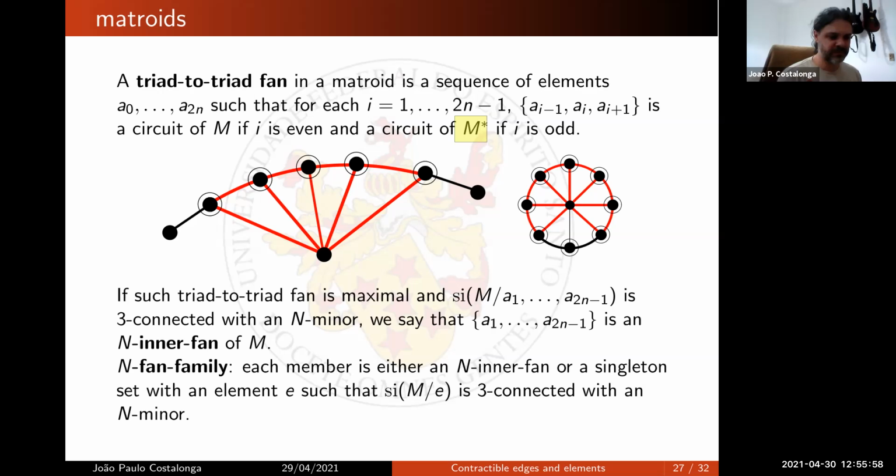Vertical connectivity is a measure of connectivity in a matroid that really mimics the connectivity of the graph, in the example I gave before. We don't use it very much because it's not preserved by duality, and the usual connectivity is preserved by duality.